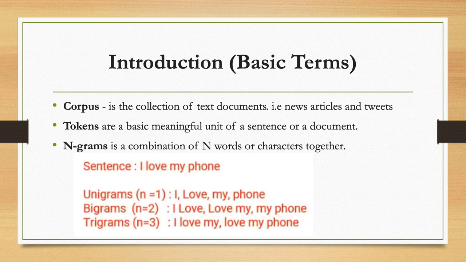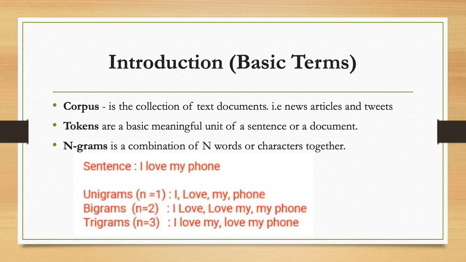So let's say, for example, given a sentence. When we talk about tokenization, we could identify a token as equivalent to a word. When we say unigrams, wherein n is equal to 1, we refer to an individual word such as I, love, my, and phone.